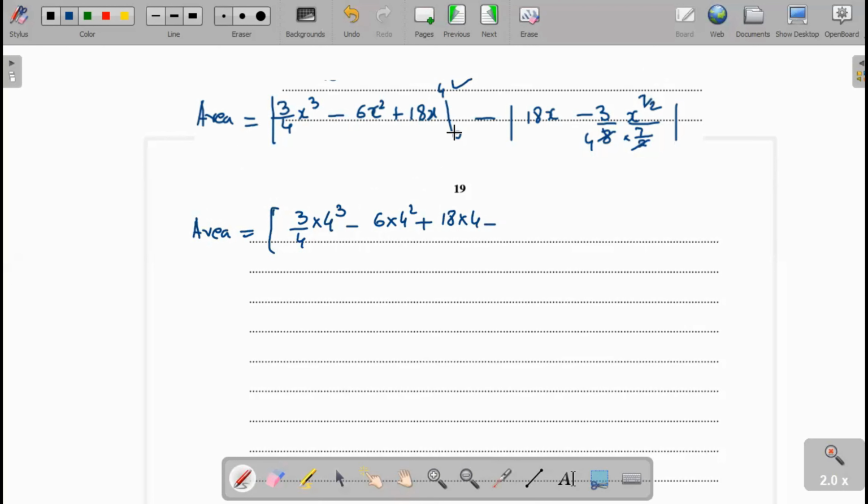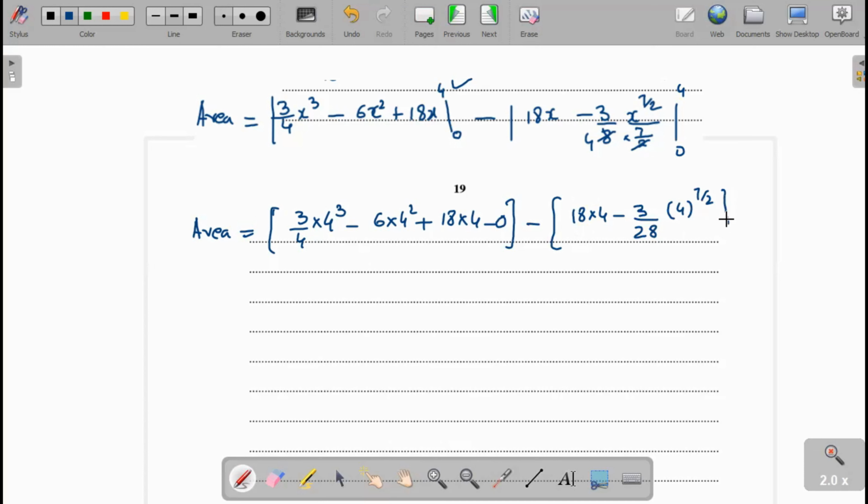Now the lower limit is 0, so all the values will be 0. Now we have 18 into 4 minus 3 over 28 into 4 power 7 over 2.